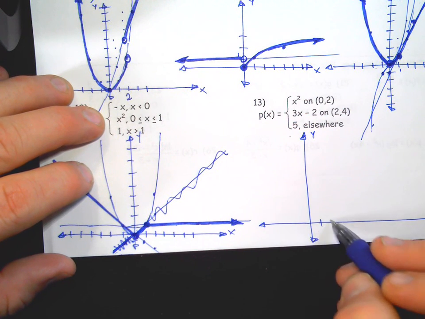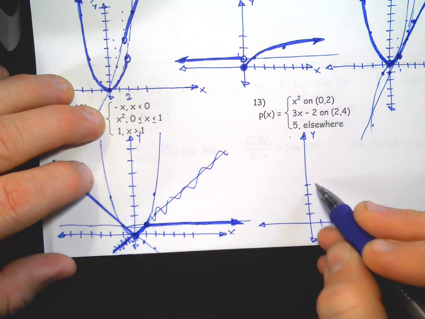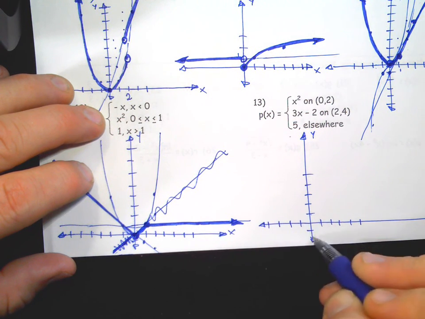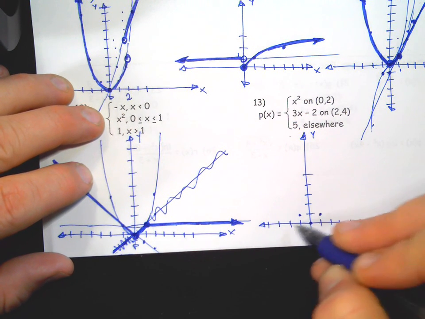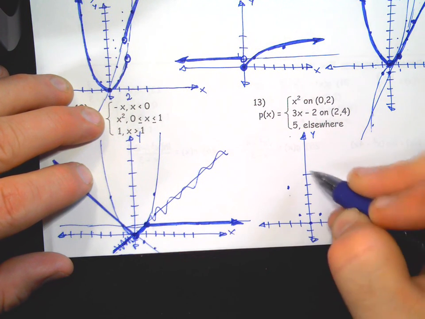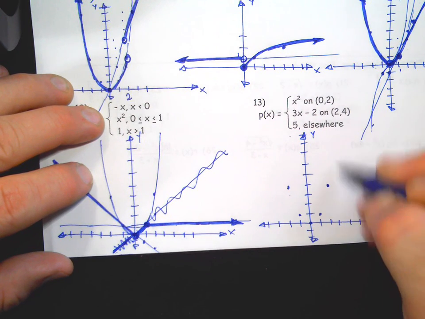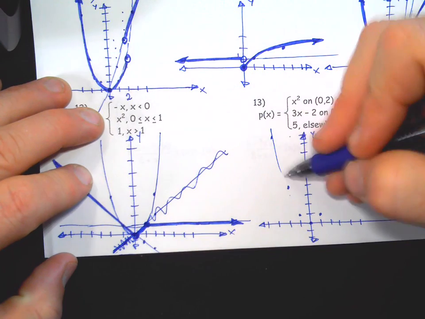Okay. 1, 2, 3, 4, 5. 1, 2, 3, 4, 5. 1, 2, 3, 4. 1, 2. Okay. So first one's a parabola. 0, 0, 1, 1, 2, 4, 3, 9. Okay, light dash line.